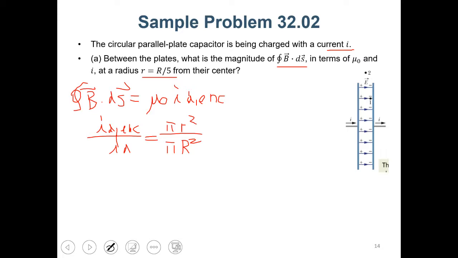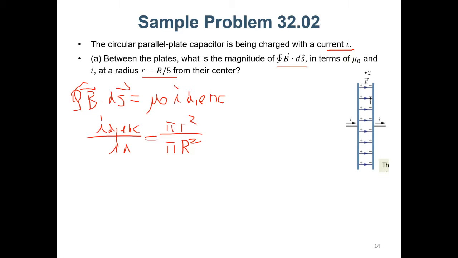Because the electric field should be uniform, the current is also uniform. The displacement current is uniform also, so it's proportional to the area.